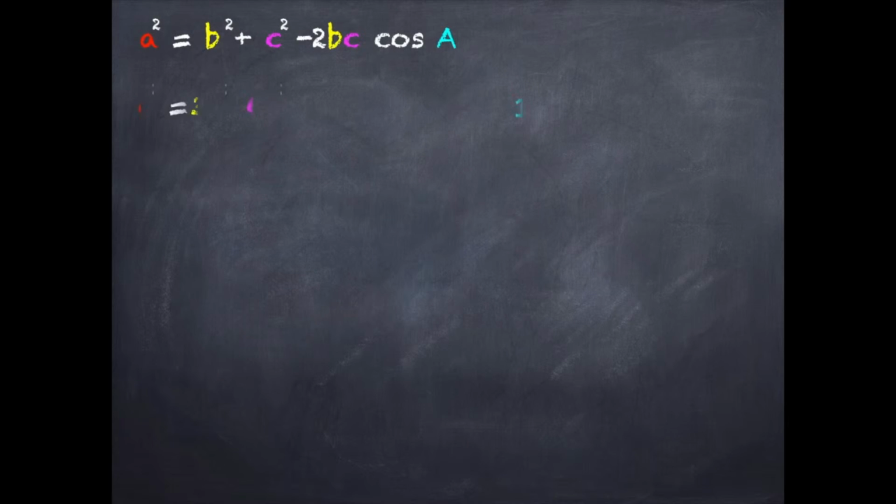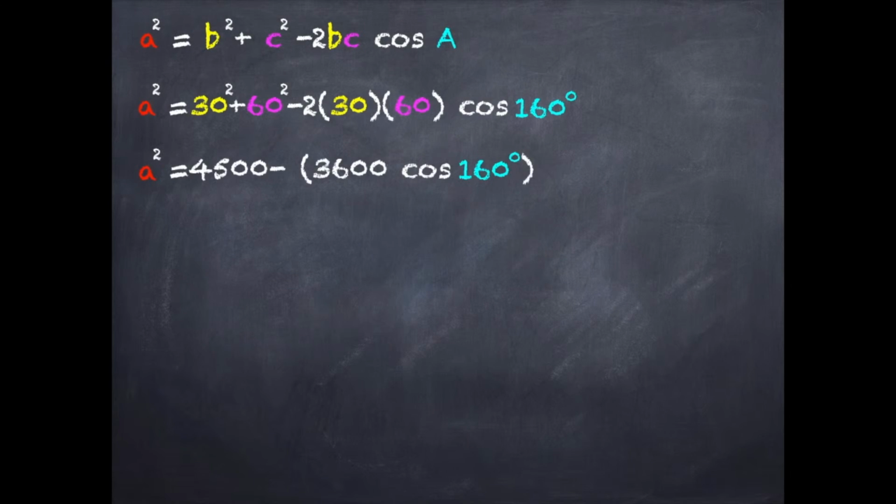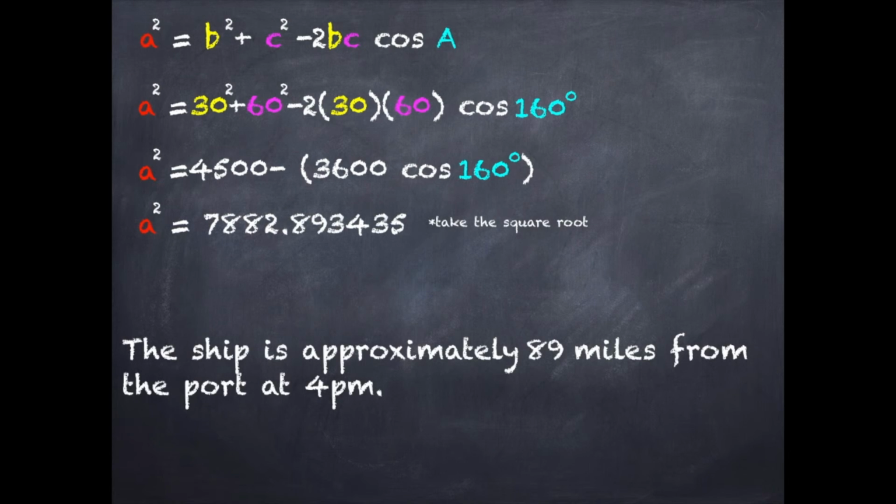If not, you will have to show these steps, but you will still need a calculator before the end of the problem. By taking the square root, we will find that the ship is approximately 89 miles from the port at 4 p.m.